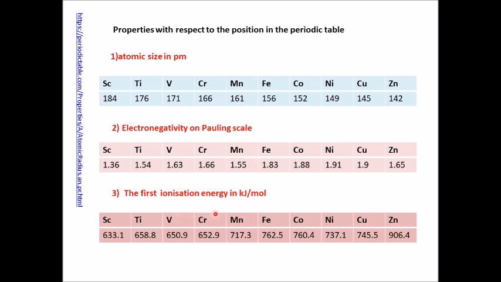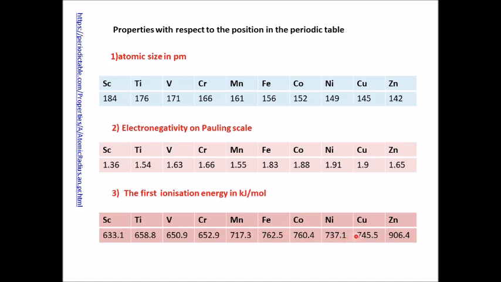The first ionization energy in kilojoules per mole, you can see as we go from left to right, from scandium to zinc, the atomic number increases, but the outermost electron is added to the same orbital, and it is the 3d orbital.